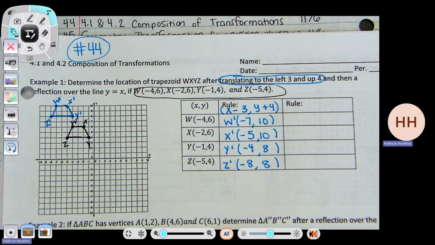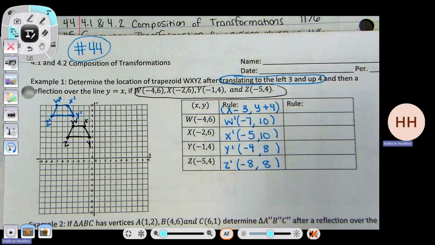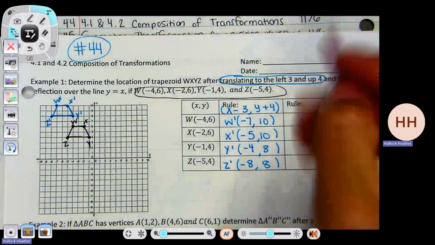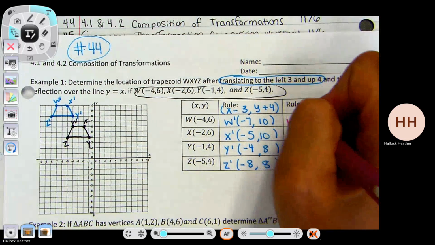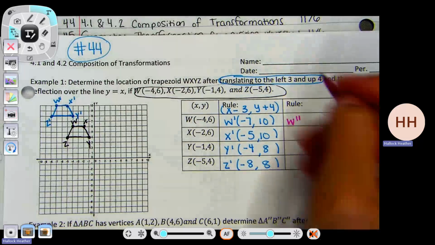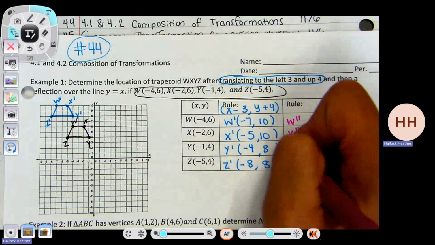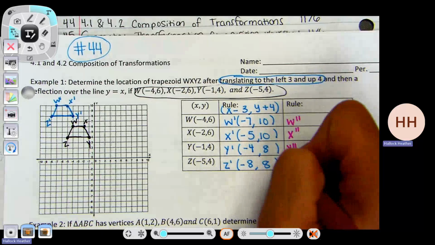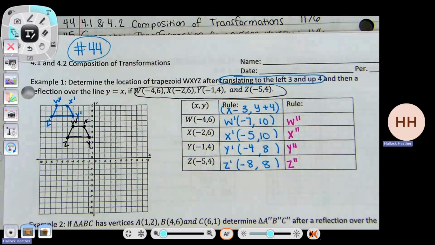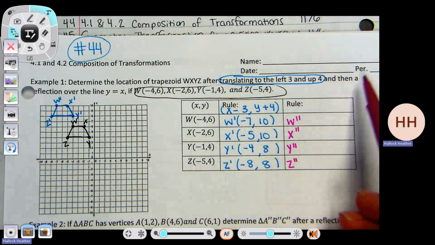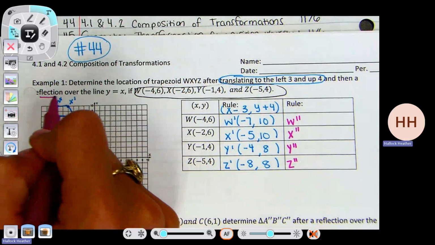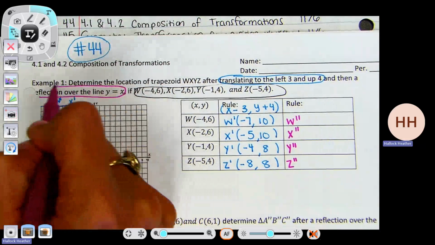Now what we are going to do is find out where W double prime, X double prime, Y double prime, and Z double prime will be after the second transformation. The second transformation says, and then we're going to reflect it over the line y equals x.